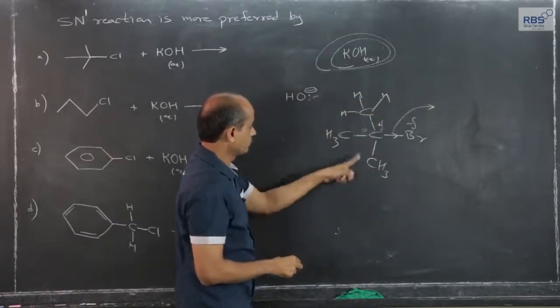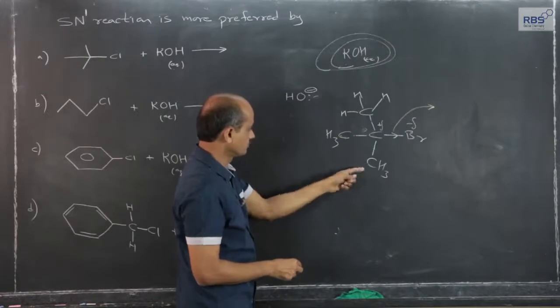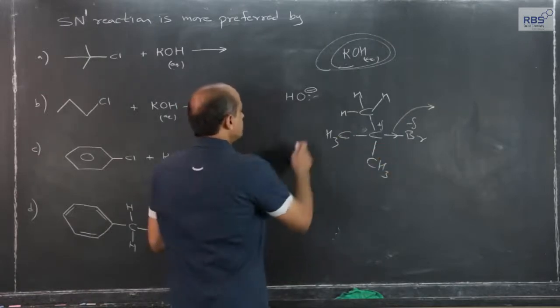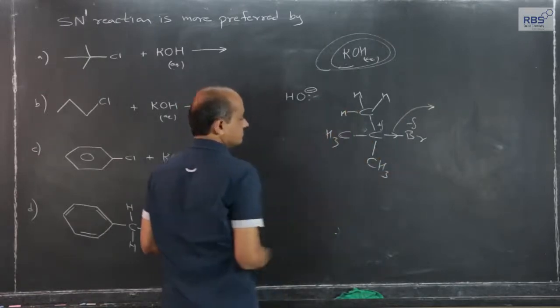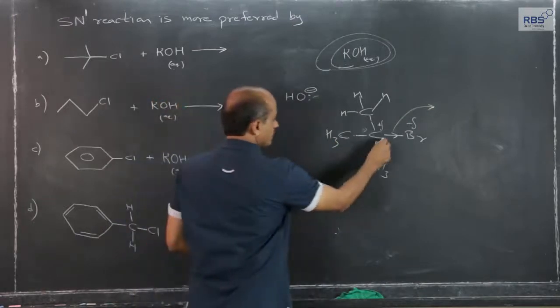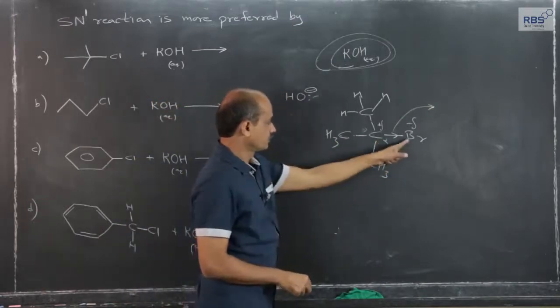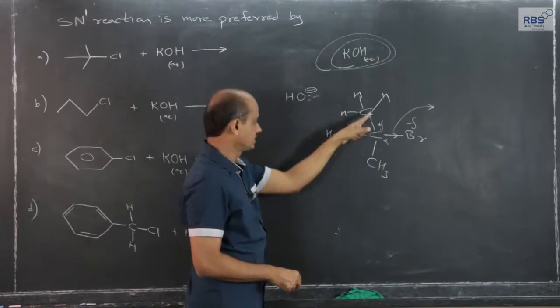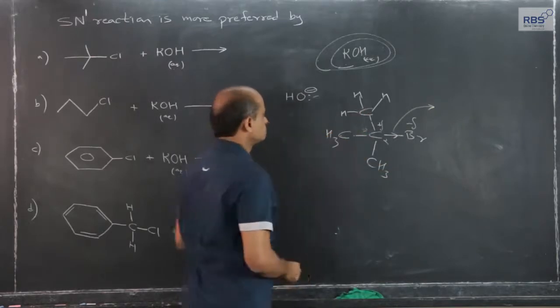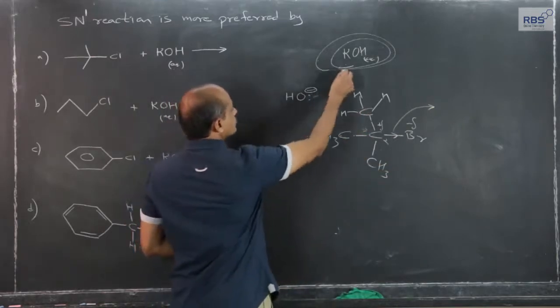Although I have written here in short form, methyl groups, 3 methyl groups, tertiary butyl bromide. Now, when tertiary butyl bromide is treated, this is the alpha carbon. The functional group is attached to the carbon, that is the alpha carbon, and these three are beta actually. OH minus from KOH.